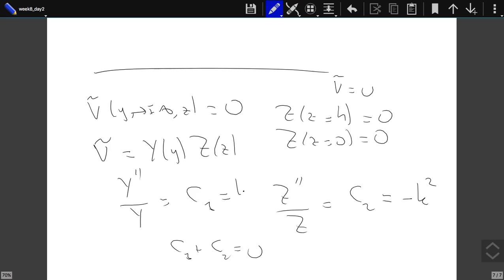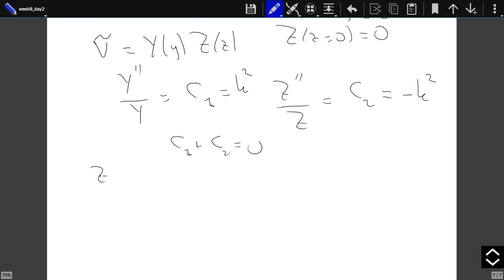So C1 should be equal to some number squared. So I know the solution Z of z should be equal to ak sine of kz. Well, I already used the boundary condition that at z is equal to 0, this function should be 0. I didn't add a phase. The cosine is also a solution, but that doesn't go to 0 at z is equal to 0.